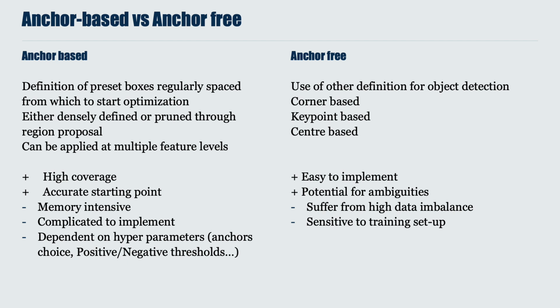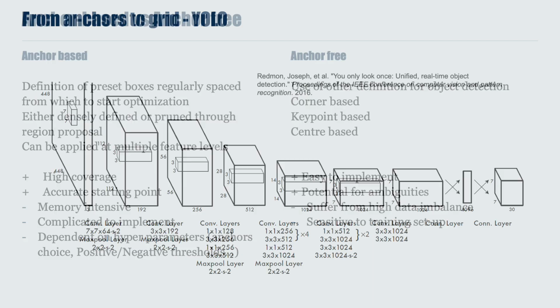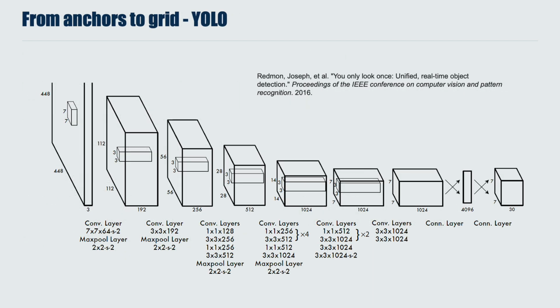And they tend to suffer a lot more from high data imbalance, so they are really sensitive to the training setup. And one of the most well-known ones is YOLO, and YOLO stands for You Only Look Once.